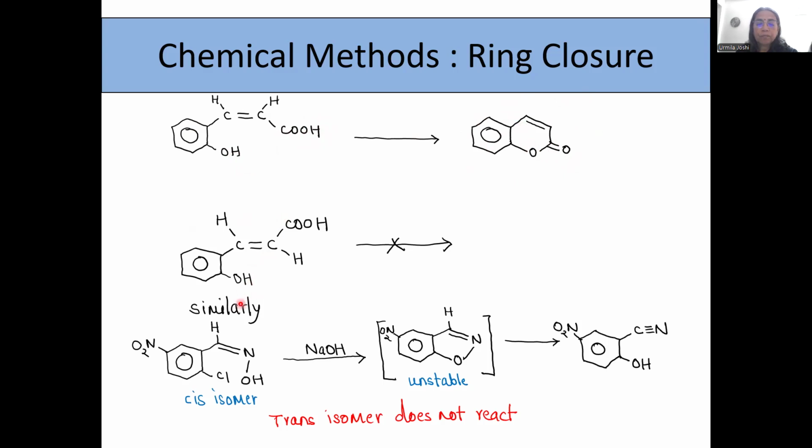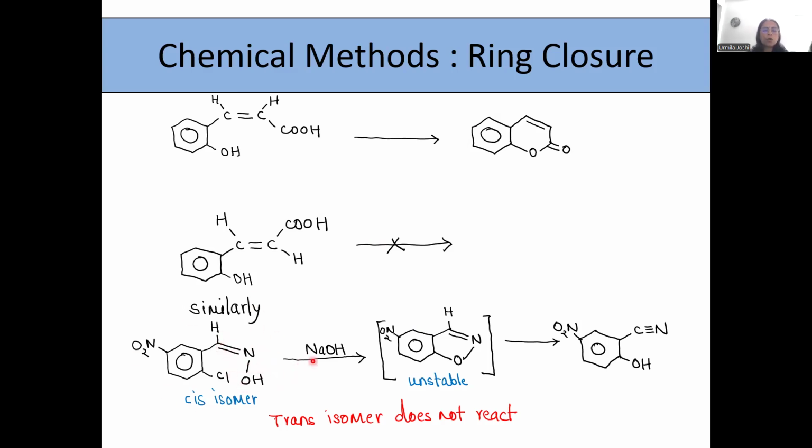But look at the corresponding trans isomer of orthohydroxycinnamic acid. This trans isomer upon heating does not cause ring closure. So that is one way to differentiate between cis and trans isomers. Similarly, here is an oxime.